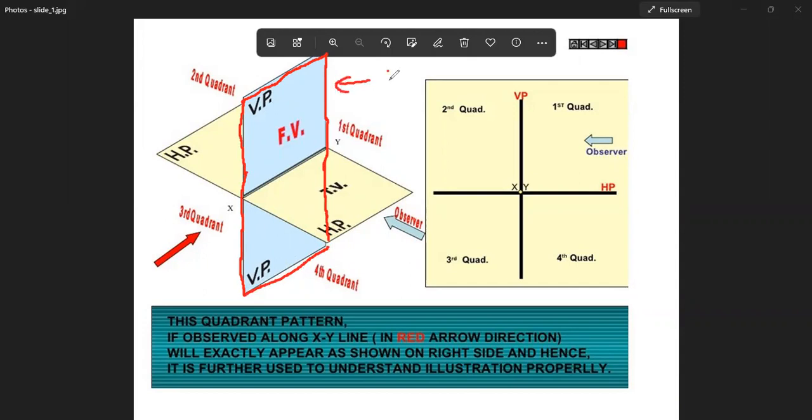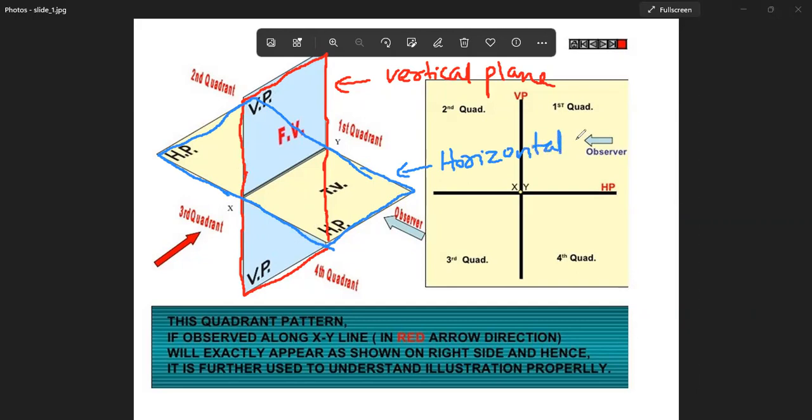This plane is called a vertical plane, and perpendicular to this vertical plane, that means 90 degrees to the vertical plane, there is another plane that is called a horizontal plane.